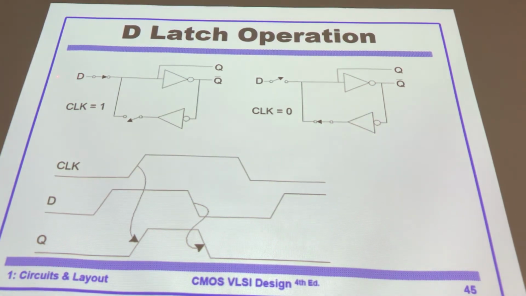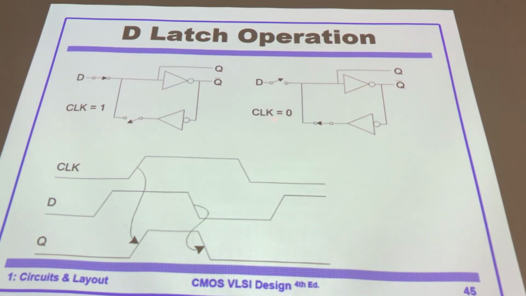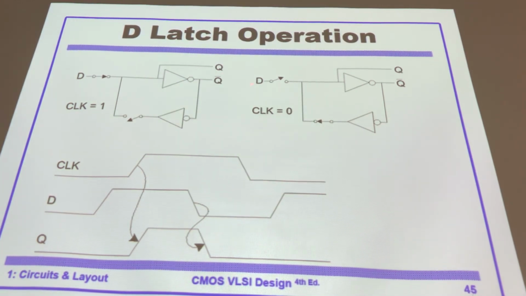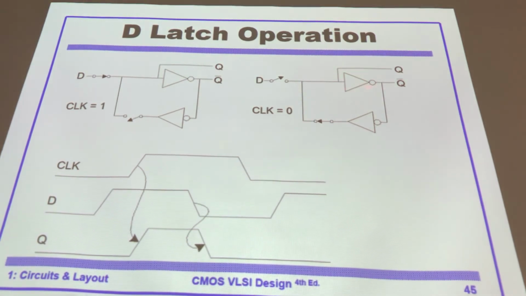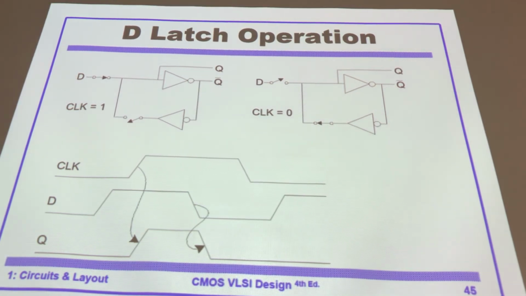So D would force the value to go through and appear on Q. When clock is low, you close the door, switch off, no connection. D cannot reach the inside. But we connect this, then you become the 1-bit latch. Remember the value always, and the value is the one you got at the last moment when you switched off from input.